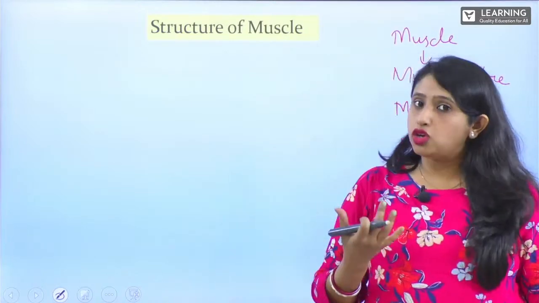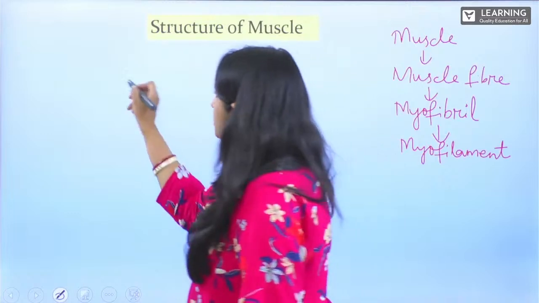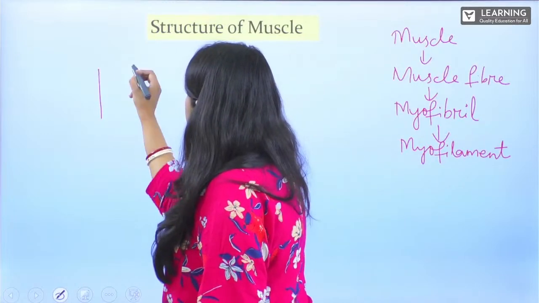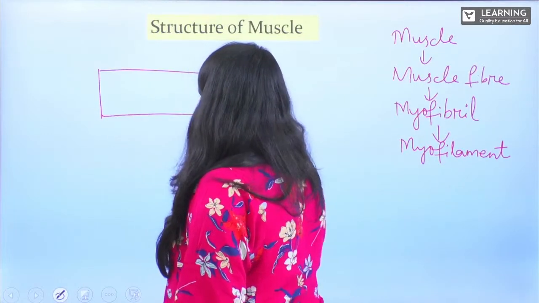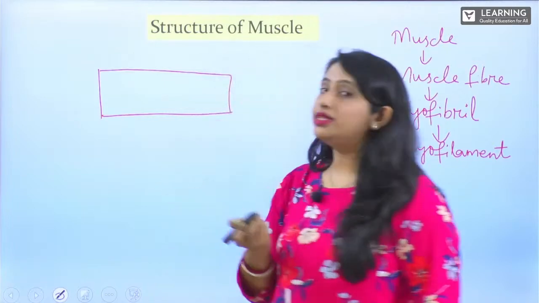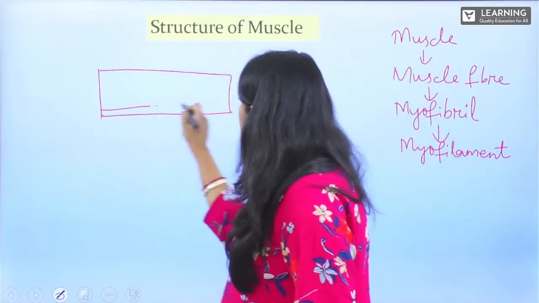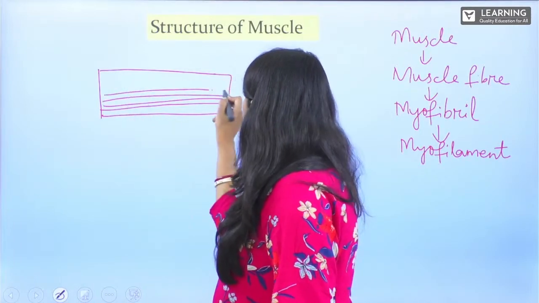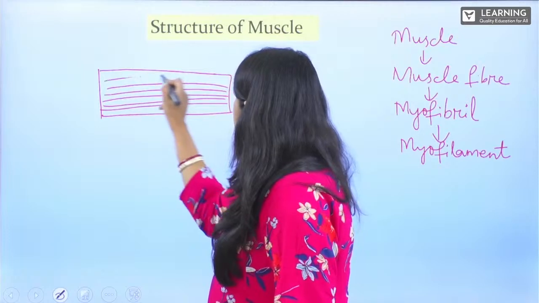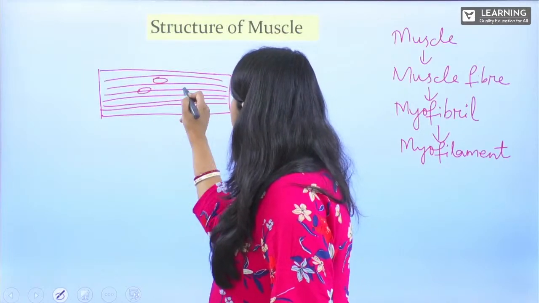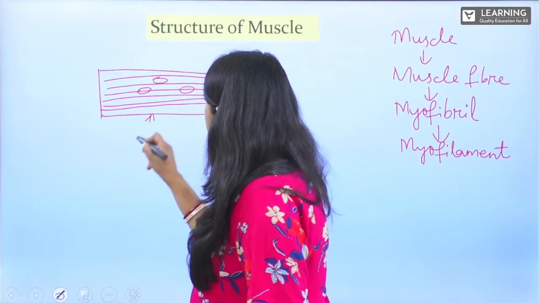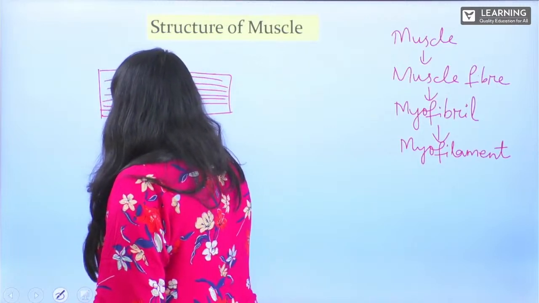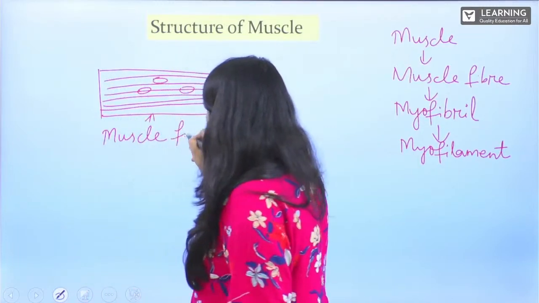Now if I draw the diagram of muscle, let's say, this is one muscle fiber. These are all the fibers which are made up of contractile proteins. In between you will see the nucleus also. So this is the muscle fiber.